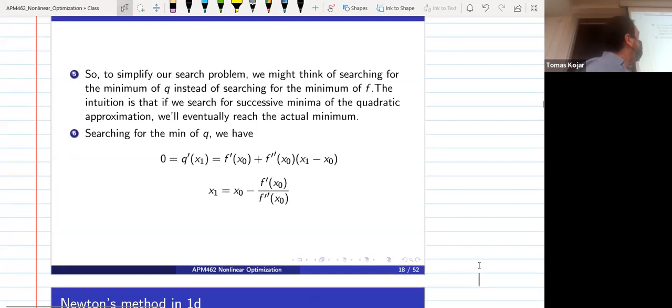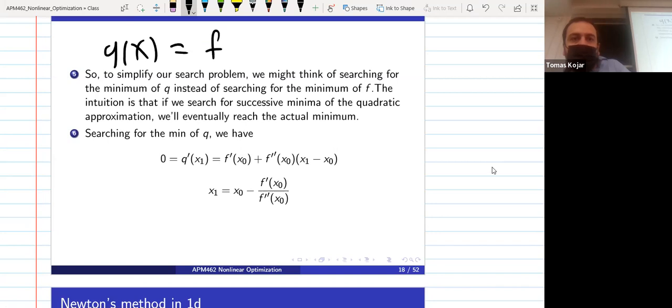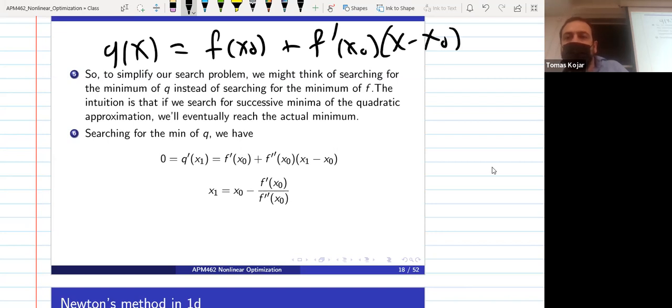So you take a derivative in x, or x1, and yeah, you're left with the first one dead, right? So again, what was q of x? It was f of x0, f prime of x0 times (x minus x0), and then f double prime of x0 times (x minus x0) squared.